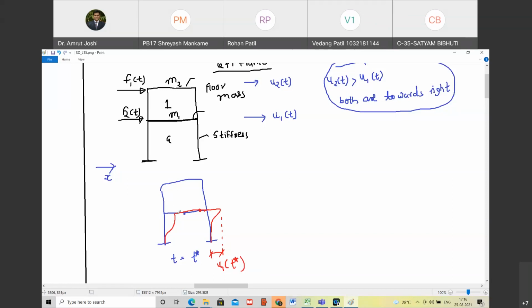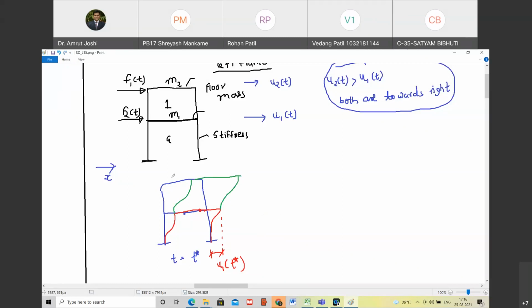Now, let us look at how the second story deforms. Are you with me? Yes, sir. So let us say the second story deforms in this fashion. Are you with me?